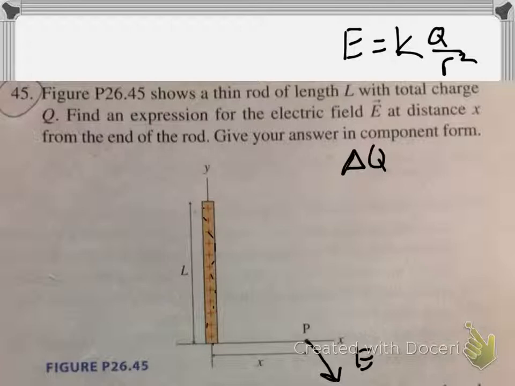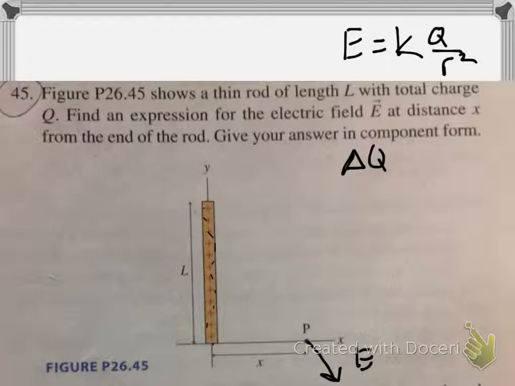So what I need to do is give myself a little bit of Q that I know is at a distance R. I'm going to create a statement that defines E for a given Q at a distance R. Well, in order for me to get a distance R, I have to make Q really small. Does that make sense? Yes.